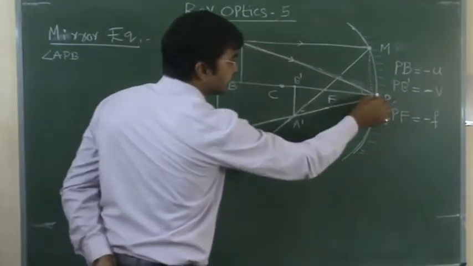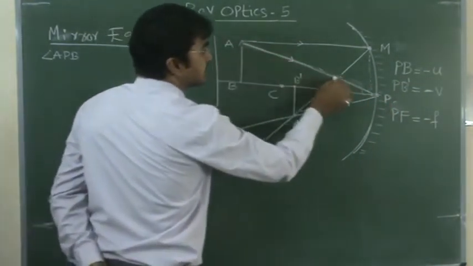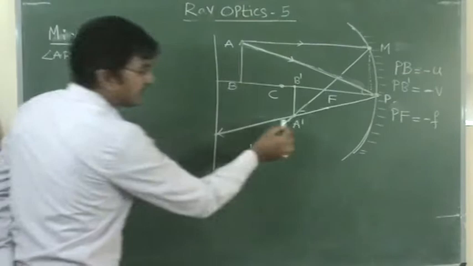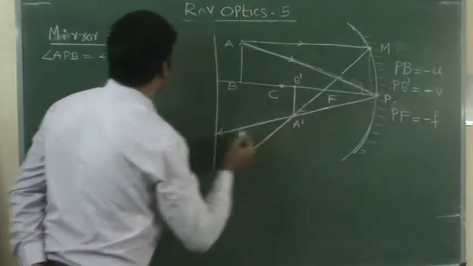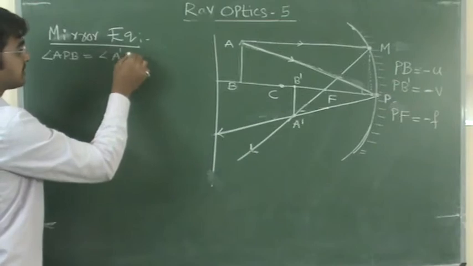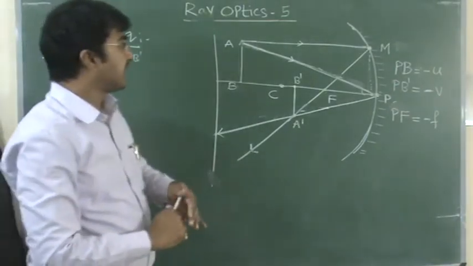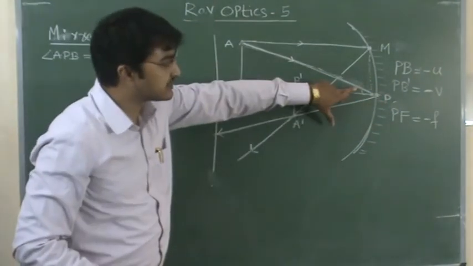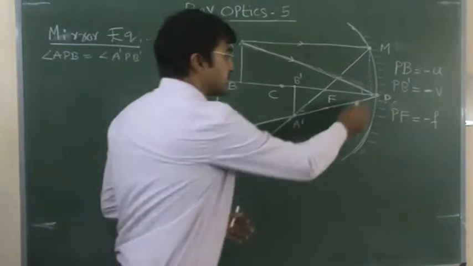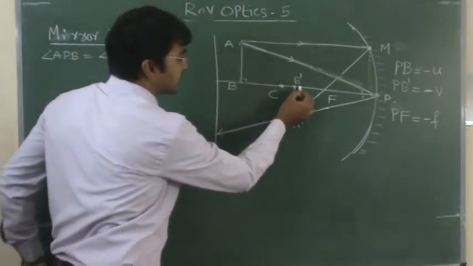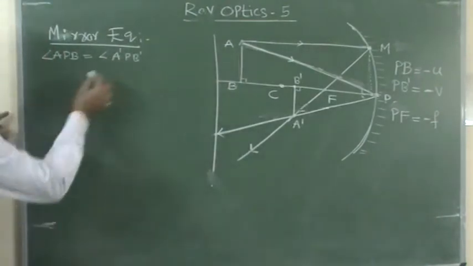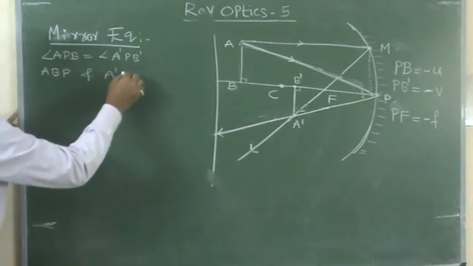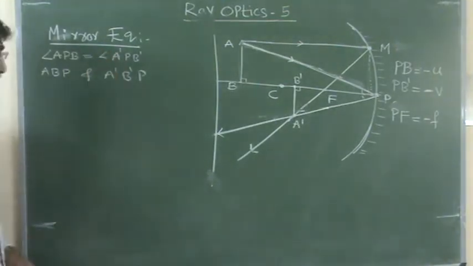Remember, this is a right angle triangle ABP. Then in A dash B dash P, the angle APB and A dash PB are the same, because the incident angle and reflected angle are the same. Here 90 degrees, and here also 90 degrees. Therefore APB and A dash B dash P are similar triangles.